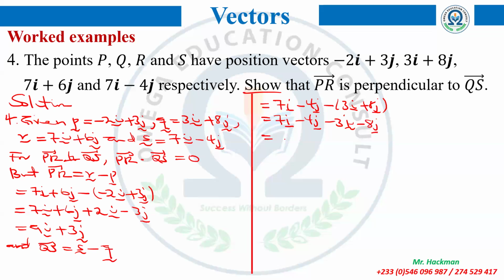So in effect, this gives us 7 minus 3, that is 4i, and minus 4 minus 8, so minus 12j. So we are in the best of positions to dot.